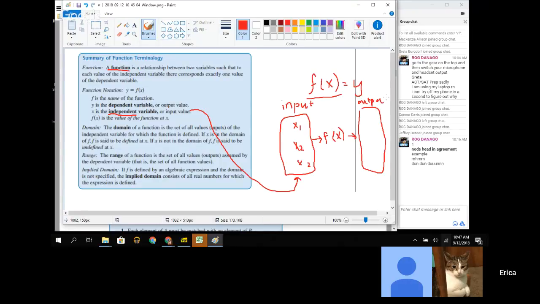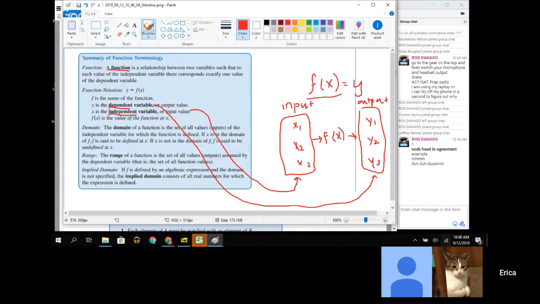Usually what we get out is some y: y1, y2, y3. And this is called the dependent variable. So y depends on what x you put in. So that's kind of how we think about a function.